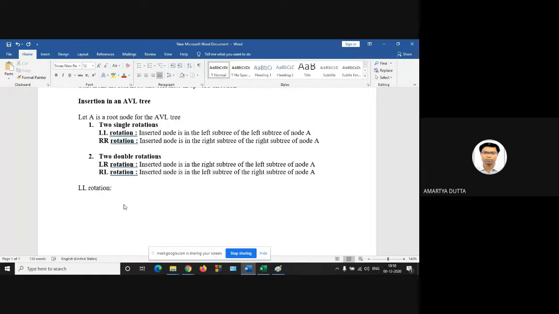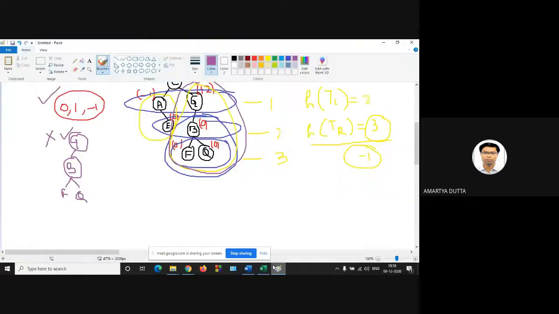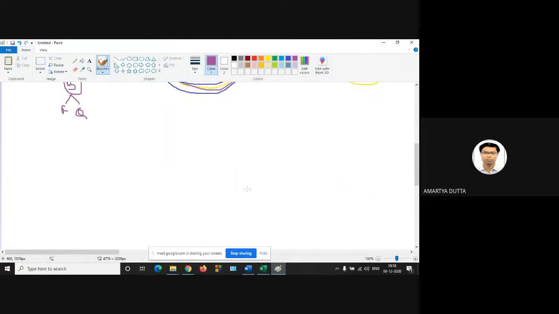Okay. For LL rotation, let A be the root and B be its left child.